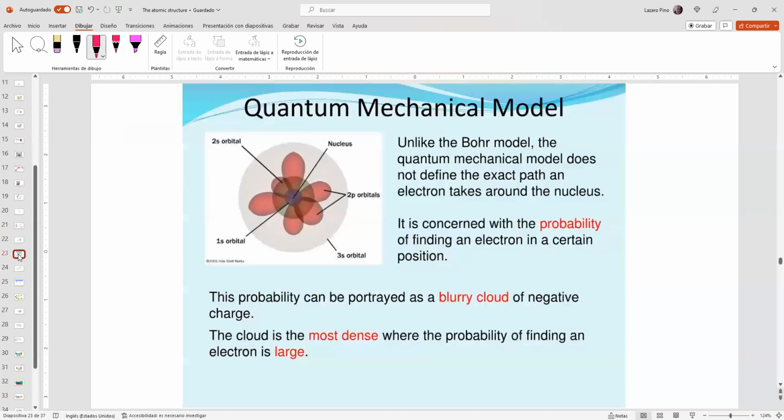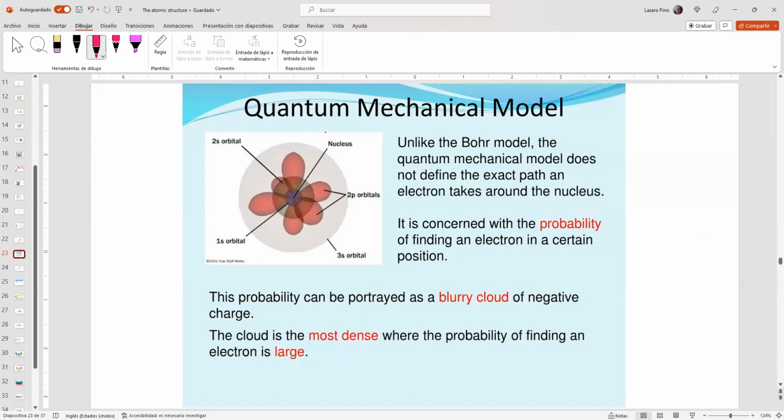it was not until the quantum mechanical model that it was explained, first of all, that the electrons are not in a circle around the nucleus. The electrons were in a space around the nucleus where we can find this electron with a big probability.